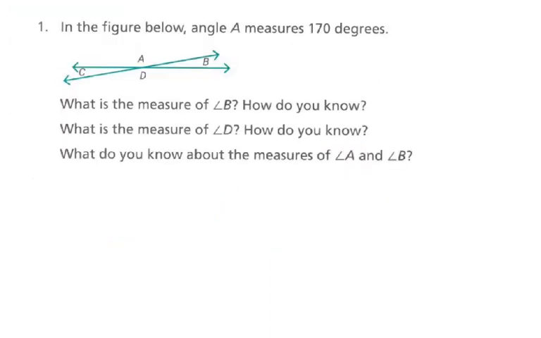So let's try a few of these problems together. In the figure below, angle A measures 170 degrees. What is the measure of angle B? What's the measure of angle D? And what do you know about the measures of A and B? So, if we look at this, look at how A and B are right next to each other.